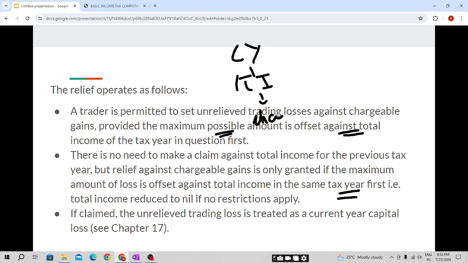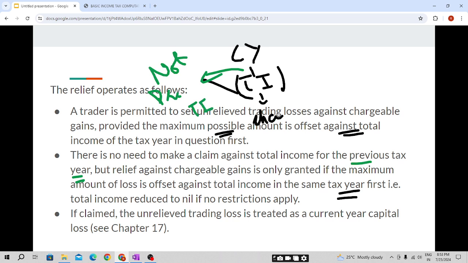The only condition is that we need to set off against the total income of the current year, not the previous year. Because in previous years also we have total income, but here it is mentioned that there is no need to make a claim against total income for the previous tax year.